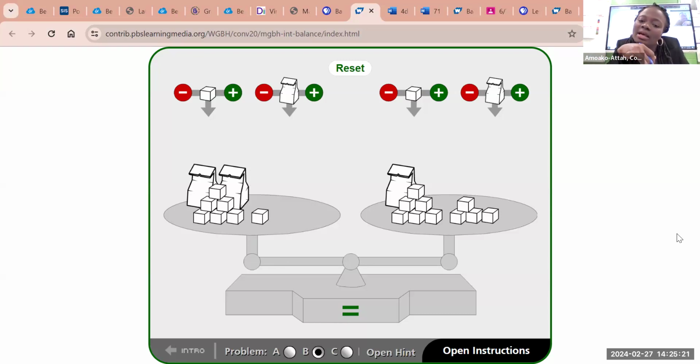I have 6, I have 4, so that is 10 in all. This means that each bag weighs how many? 6 blocks. Each bag weighs 6 blocks, right?